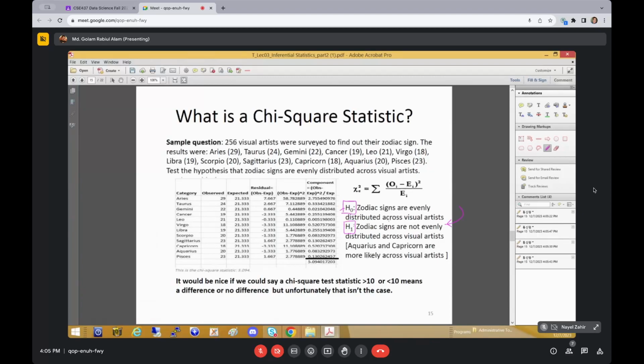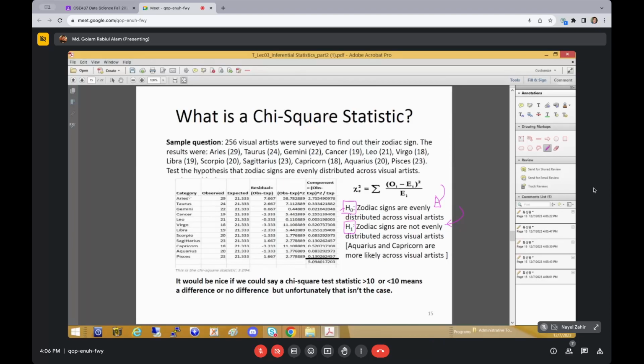As I mentioned in the statistics part of our data science lecture, we always try to reject the null hypothesis or accept the null hypothesis. The null hypothesis is nullifiable. Here we will do the same thing, and in our previous lecture we already discussed these things.